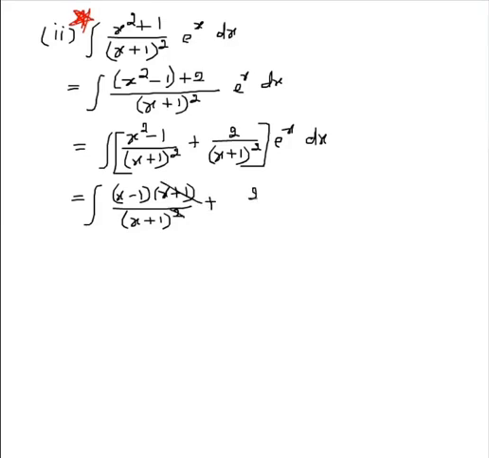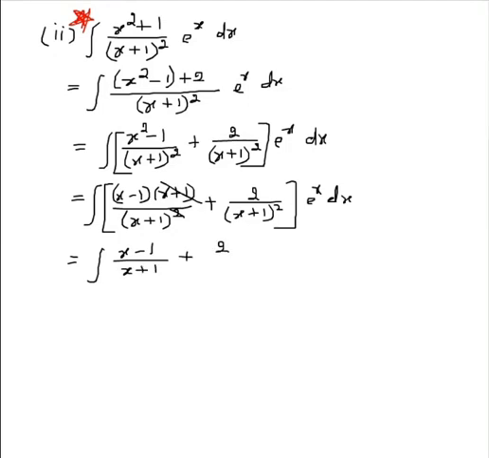So that one factor gets cancelled, and write the rest of the terms. Now we have x minus 1 divided by x plus 1 plus 2 divided by x plus 1 the whole square times e power x dx.